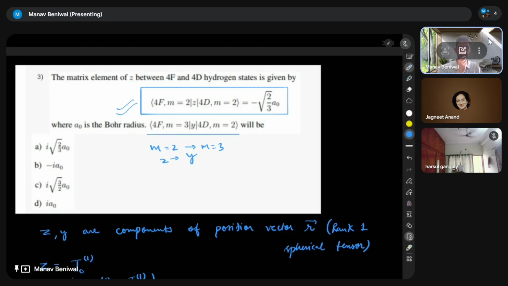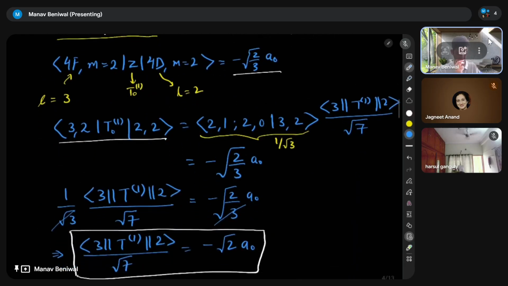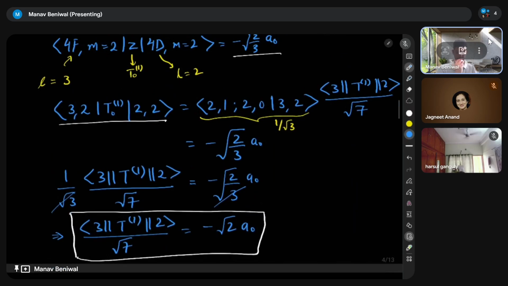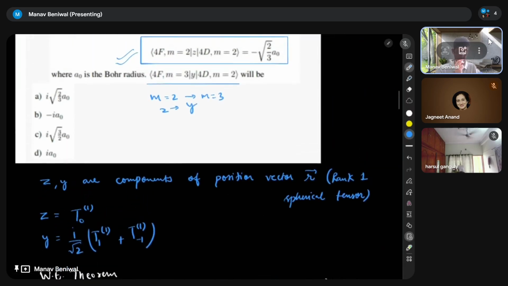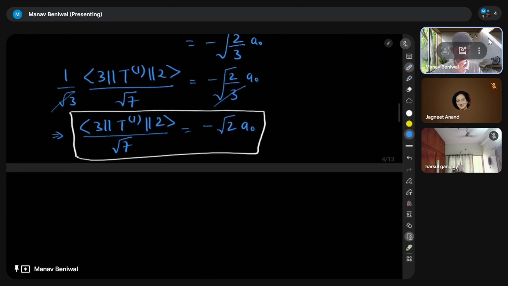So using the thing that was given to us, we compared this with the Wigner-Eckart theorem, and the Wigner-Eckart theorem has two factors. One is the CG coefficient and the other is this term. To find out this term, we use this relation. This value was given to us, so now we are able to find out what this term is, because this exact same term will be required when we find out this quantity. So now we'll apply this Wigner-Eckart theorem to this second quantity.